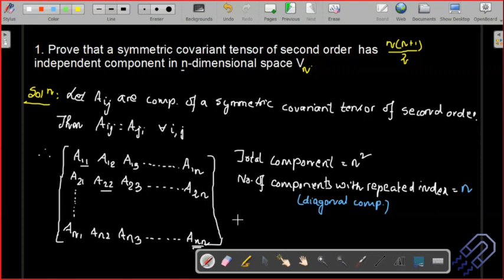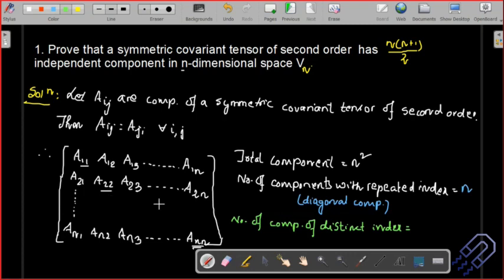Now I'll tell you the number of components of distinct index. That means 1 2, 1 3, 3 4 and so on. Now I have to determine how many would be there. See, A12 is A21, A13 is A31, correct?